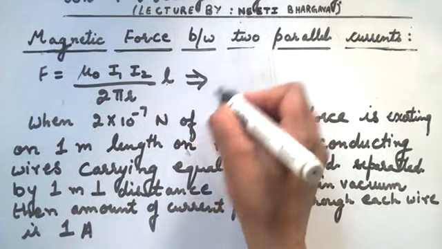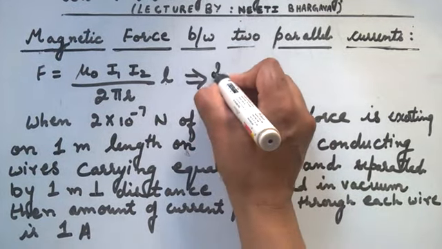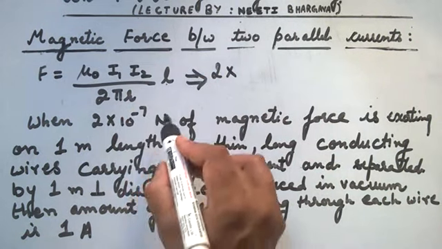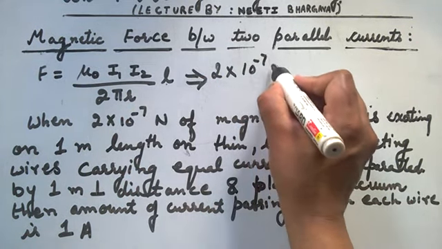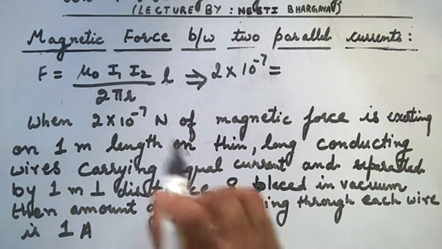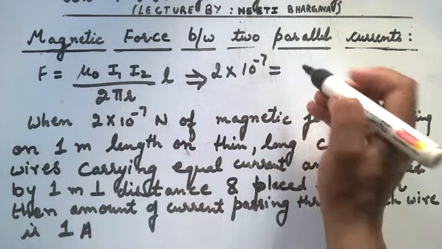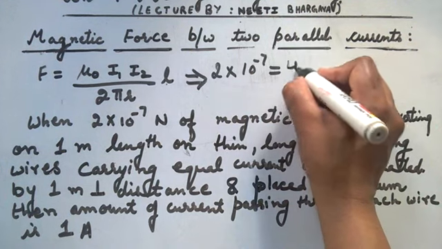That is, by definition, if 2 into 10 raised to the minus 7 Newton of magnetic force is exerting on two wires which are placed in vacuum, then mu naught is 4 pi into 10 raised to the power minus 7.